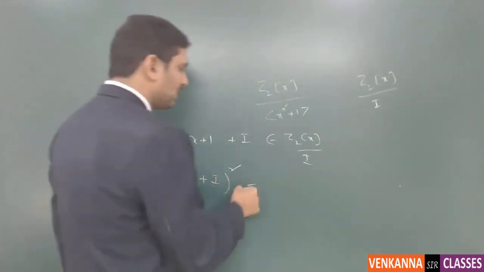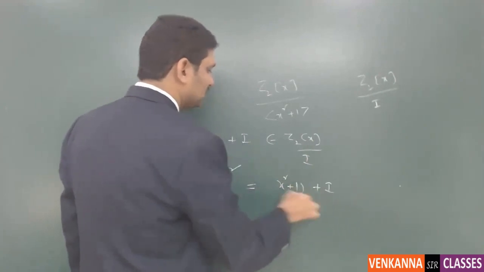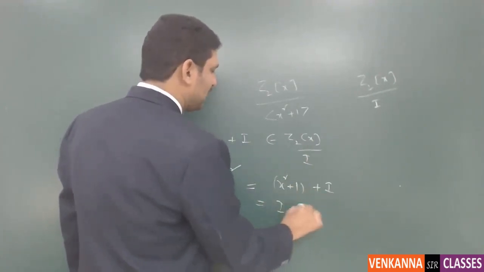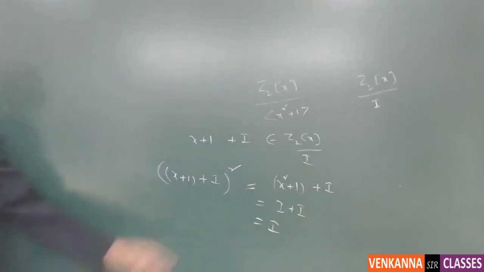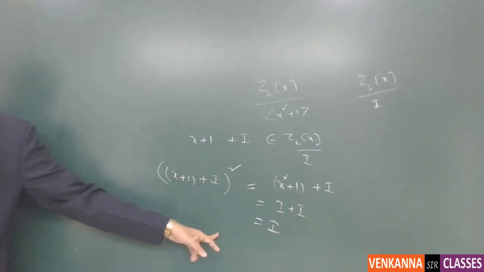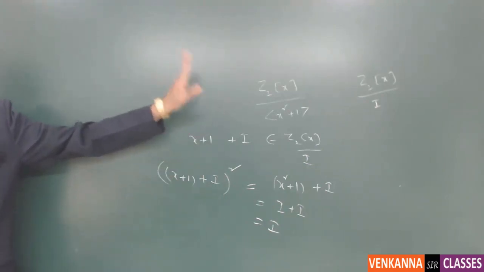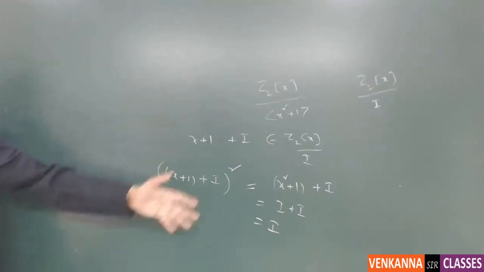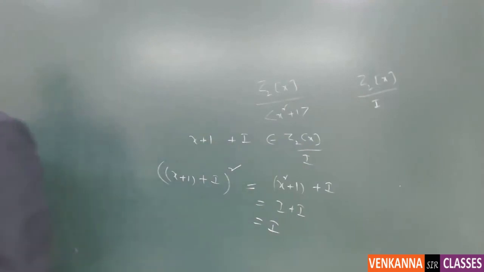So it is nothing but x square plus 1 plus I, which is I plus I, equal to I. Now what happens? The element is a non-zero value, but the product is a zero value. So the quotient ring has zero divisors. It is not an integral domain. Therefore, the ideal is not a prime ideal. That is also correct.